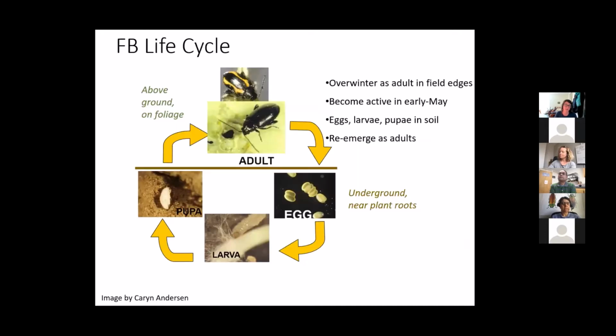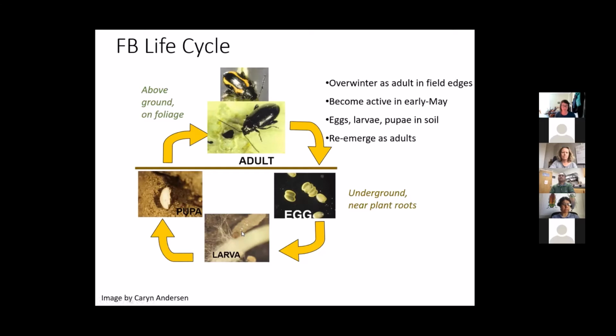Just briefly, the life cycle of flea beetles: they overwinter as adults in the field edges. In the spring, usually in early May, the adults emerge, mate, and lay their eggs at the base of the plant, and the larvae feed on roots in the soil.